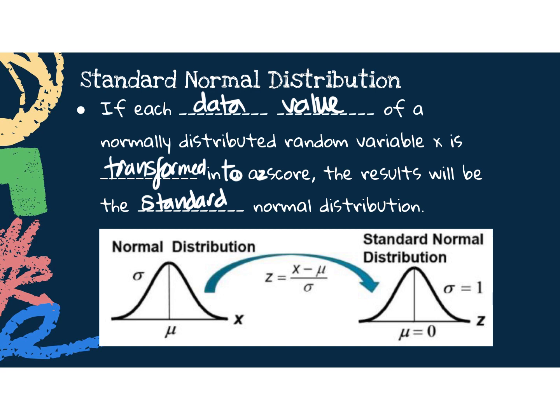If each data value x of a normally distributed random variable is transformed to a z-score, then the results will be the standard normal distribution. So in our normal distribution, we could have a mean of 50 and a standard deviation of 7. But when we take all of those data values and convert them through our z-score, that's how we get our mean of 0 and our standard deviation of 1.